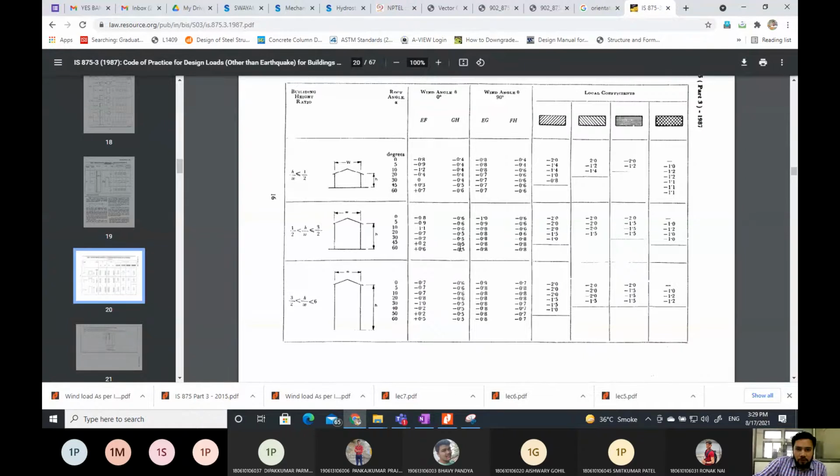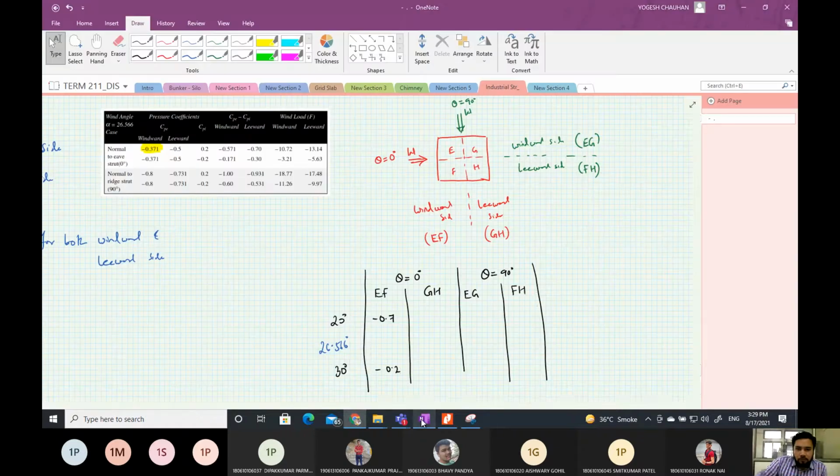This is minus 0.5, minus 0.5. Obviously this value will be minus 0.5 only because it is constant, and this value is minus 0.3717 if you interpolate.